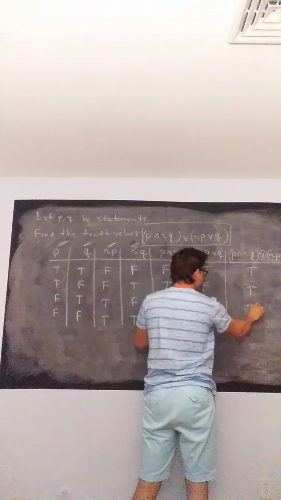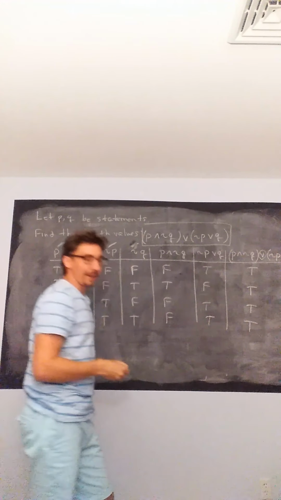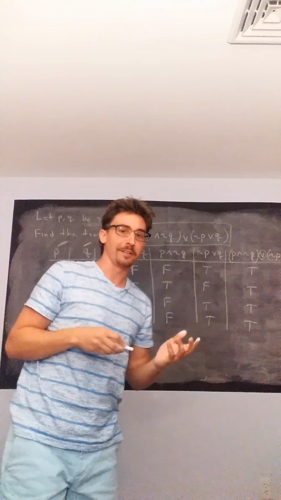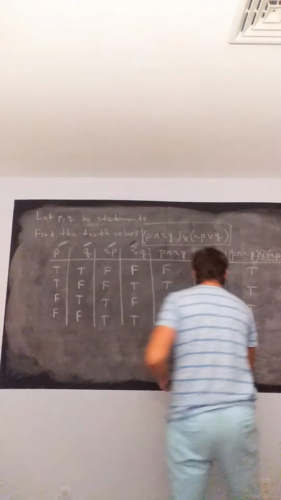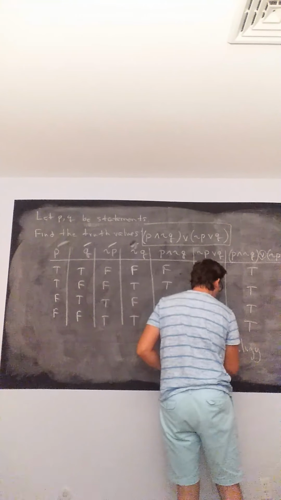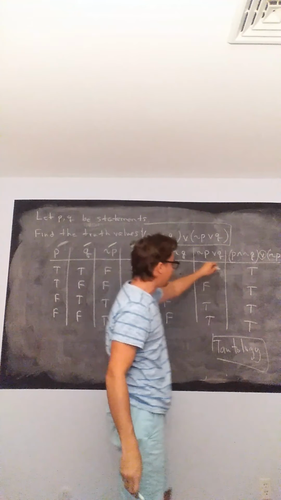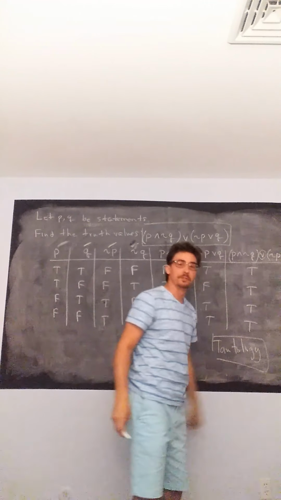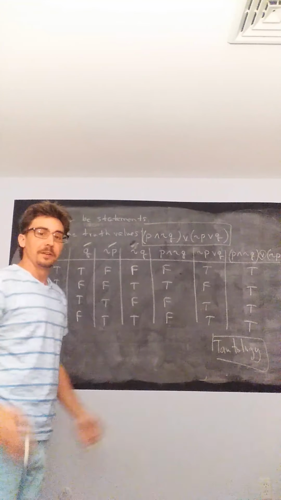False and true, that's true. False and true, that's true. So look at that. This is an interesting thing that happens here. We call this a tautology. A tautology is what happens when all of these are true in each position. So that's a tautology. And there's your table.